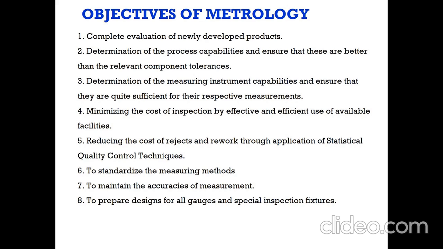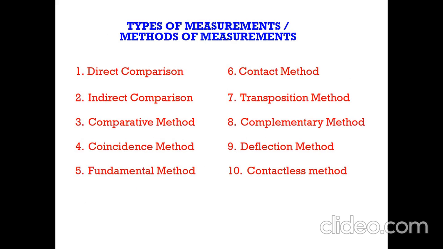So next we are going to see the methods of measurements. These are the methods of comparison used in the measurement process. In precision measurement, various methods of measurements are adopted depending upon the accuracy required and the amount of permissible errors.